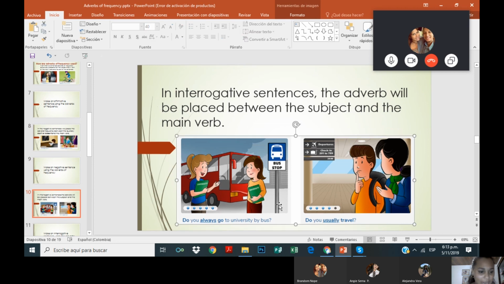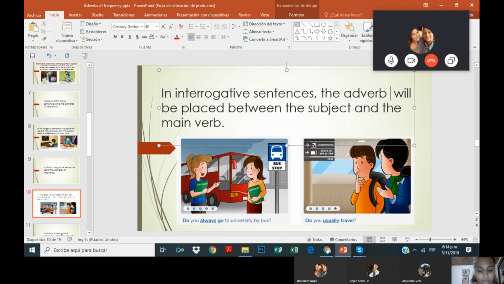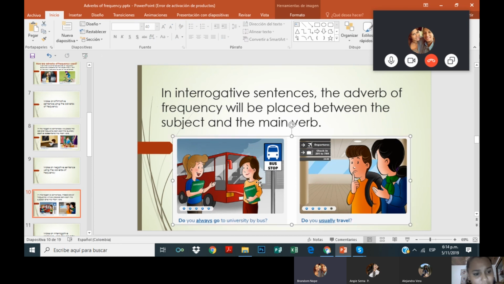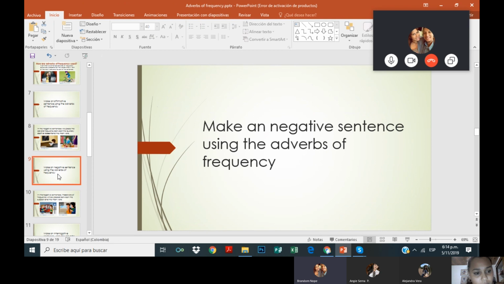Angie, Brandon, and Alejandra, make an interrogative sentence using the adverb of frequency. Please, Brandon. Do I have to say it or do I have to write it?